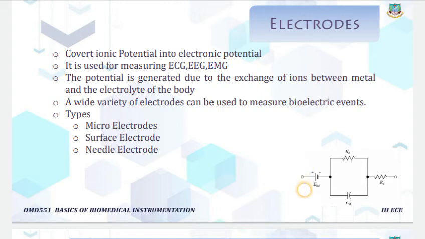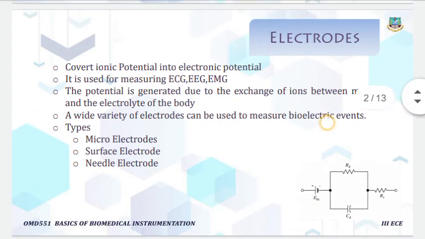Microelectrode, surface electrode, and needle electrode. What is a microelectrode? It is used to measure the biopotential near or within a single cell. That is, it acts as an intracellular electrode, measuring the signal from inside or outside of the cell.